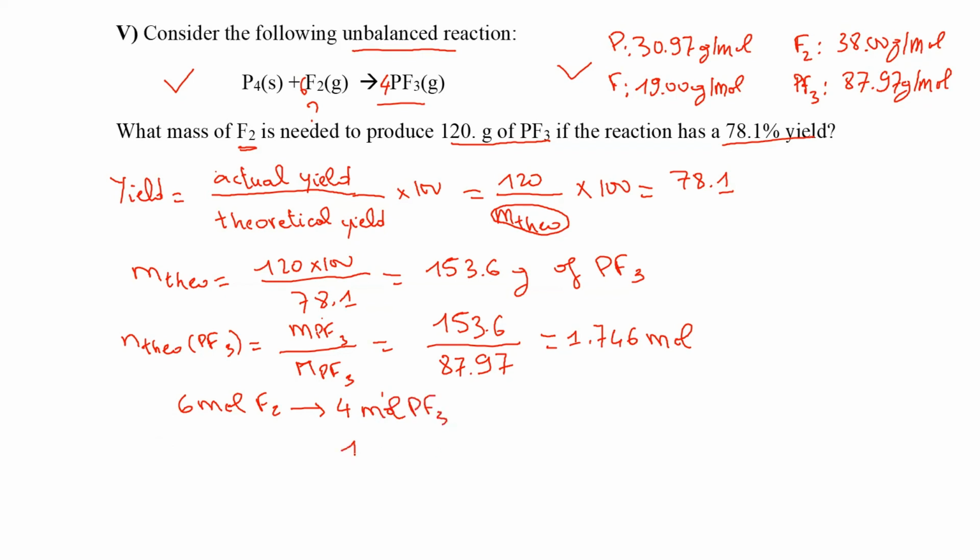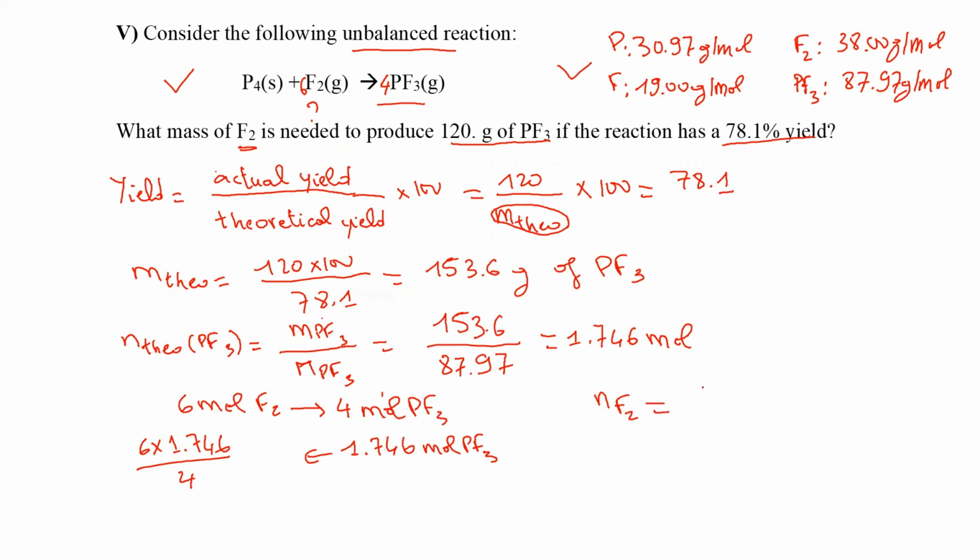So if we have 1.746 mole of PF3, we should be using 6 times 1.746 divided by 4. And so we have the n F2 that will be needed.